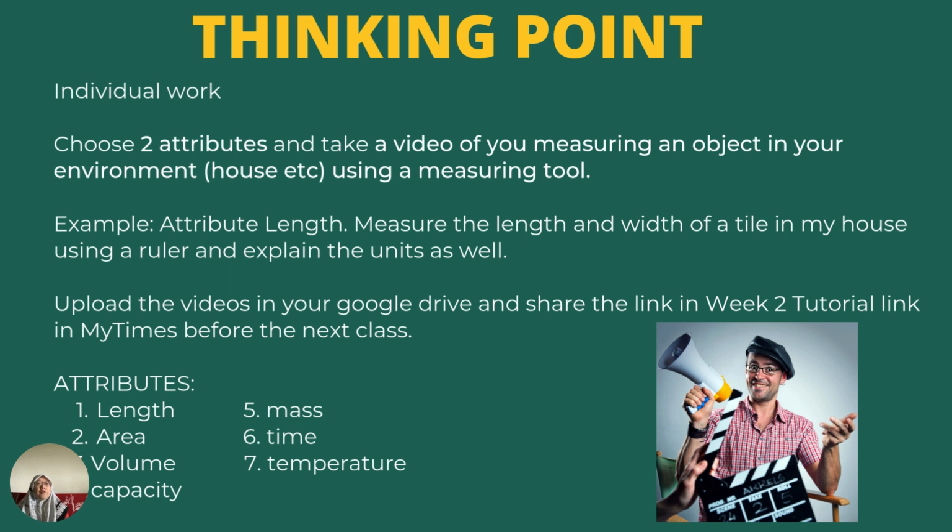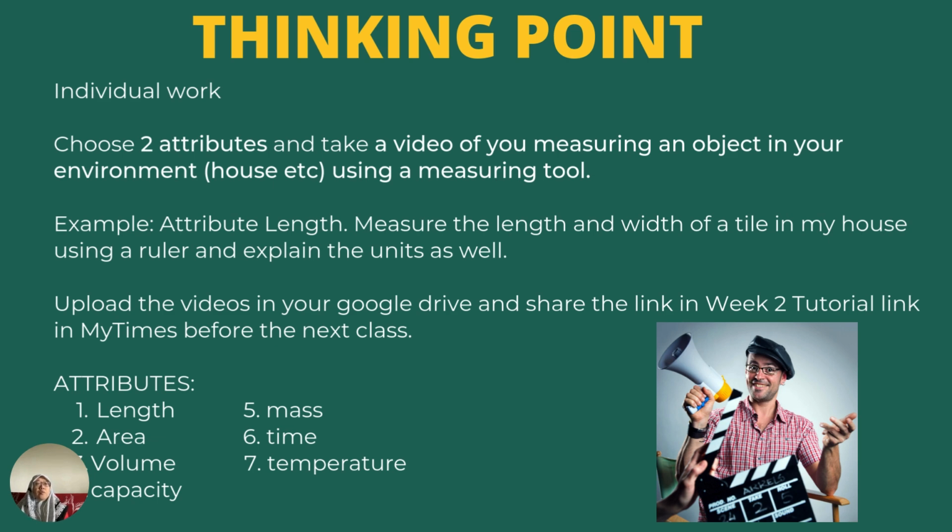For example, you are looking at attribute length, number one. Number two is area. Number three is volume. Number four is capacity, even though you can't see it because my video is there. Number five is mass. Number six, time. And number seven, temperature.